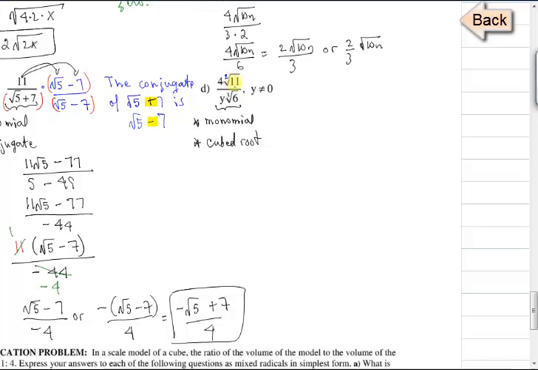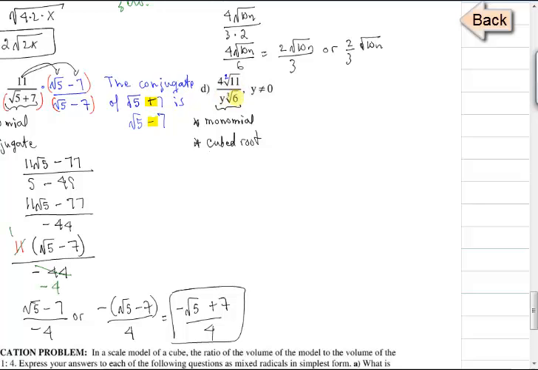So even if 6 could fit into 11, I wouldn't be able to divide these two radicals because they don't share the same index. So that's the other thing that's going on. Okay. All right, notice our restriction said that y can't be 0, and that's because you can't divide by 0. Okay, that's because y is in the denominator.